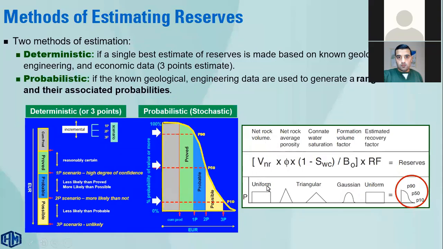If we have input parameters like net rock volume, average porosity, and the corresponding distribution, for example, this distribution for porosity, connate water saturation, we have a triangle distribution for this parameter, formation volume factor, this corresponding distribution, and recovery factor. So by multiplying all of these parameters, we will get this final distribution like this, and at 90% get P90, and at 10% probability you will get P10.